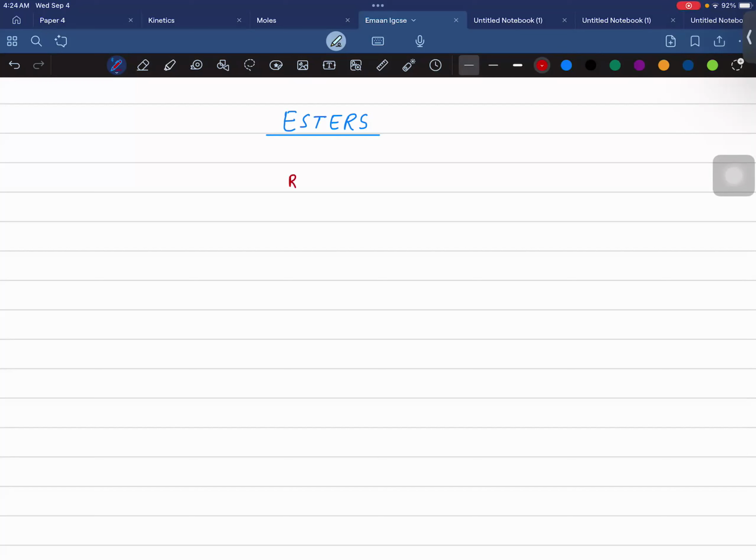The functional group is RC double bond O, then O, then R. And an ester can be formed by the reaction of carboxylic acid with alcohol.